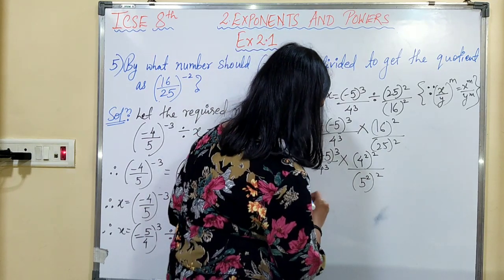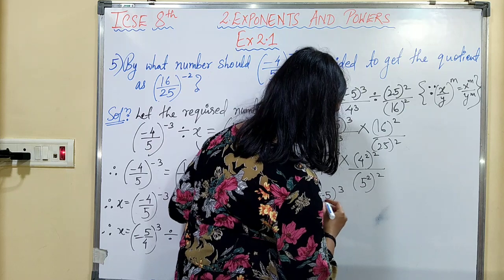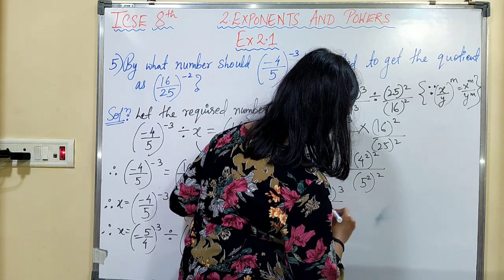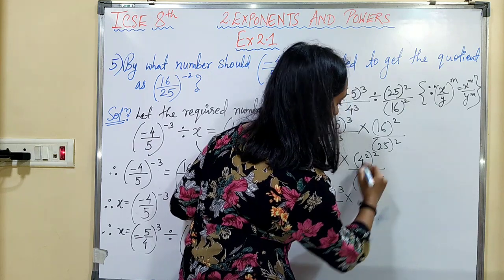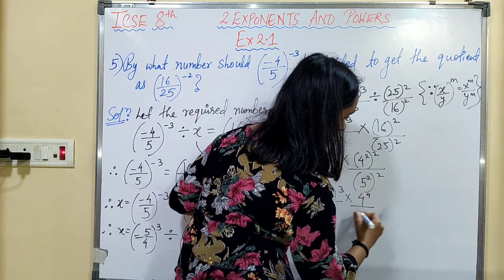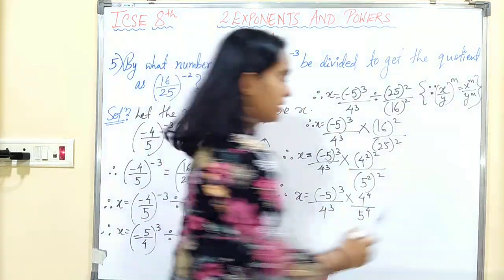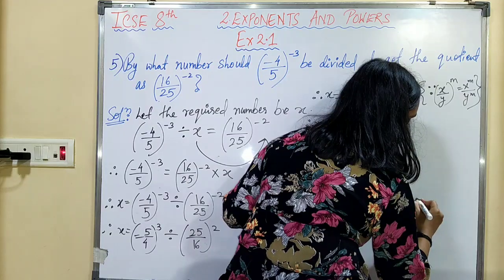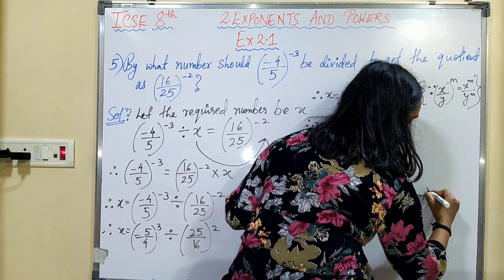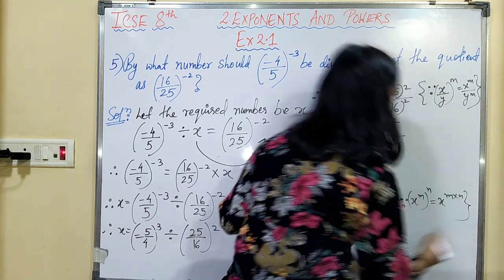Therefore you will get x equals minus 5 raised to 3 upon 4 raised to 3 multiplied by, this will become 2 2s are 4 and 5 raised to 4. Here 2 5s are 5 raised to 4. By using the law, x raised to m raised to n equals x raised to m multiplied by n.